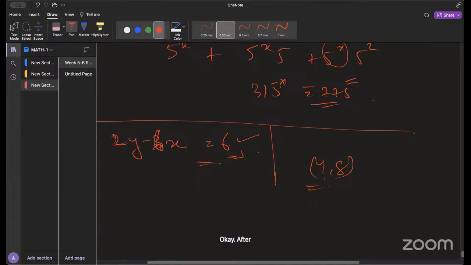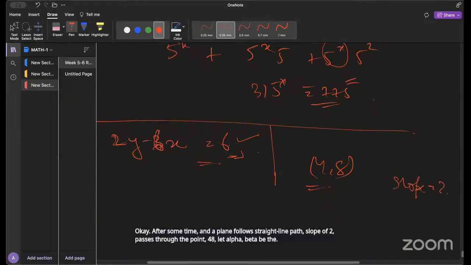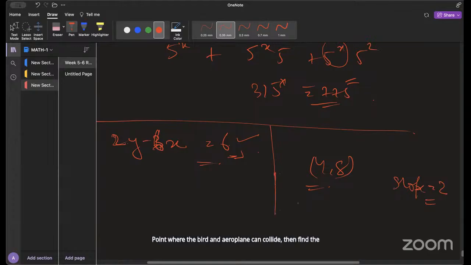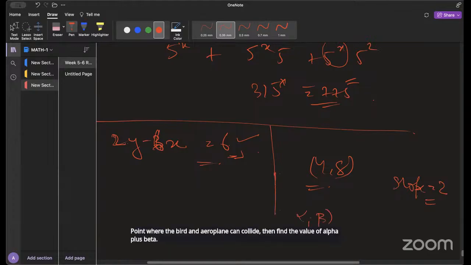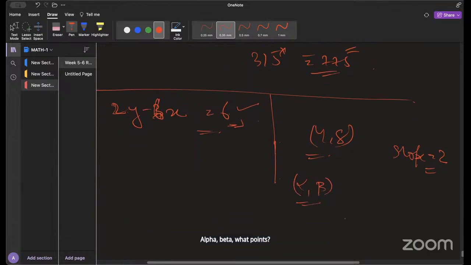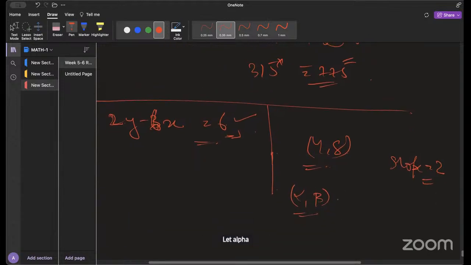After some time, an aeroplane follows straight line path, slope of 2, passes through the point 4, 8. Let alpha beta be the point where the bird and aeroplane can collide. Then find the value of alpha plus beta.